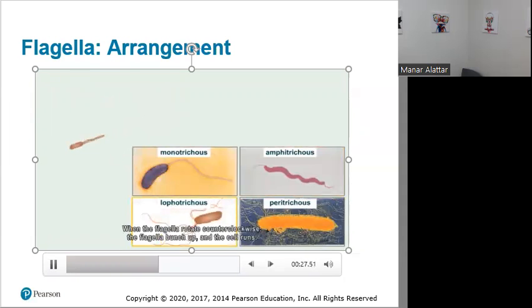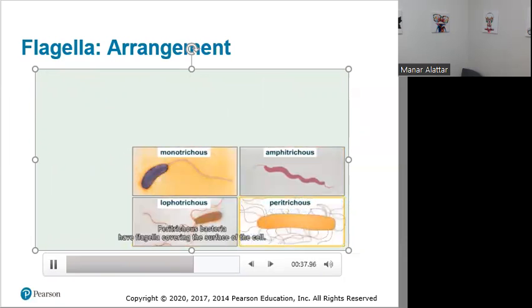When the flagella rotate counterclockwise, the flagella bunch up and the cell runs. When the flagella rotate clockwise, they separate and the cell tumbles. Paratrichous bacteria have flagella covering the surface of the cell. Runs occur when all of the flagella rotate counterclockwise and become bundled, while tumbles occur when the flagella rotate clockwise and separate.